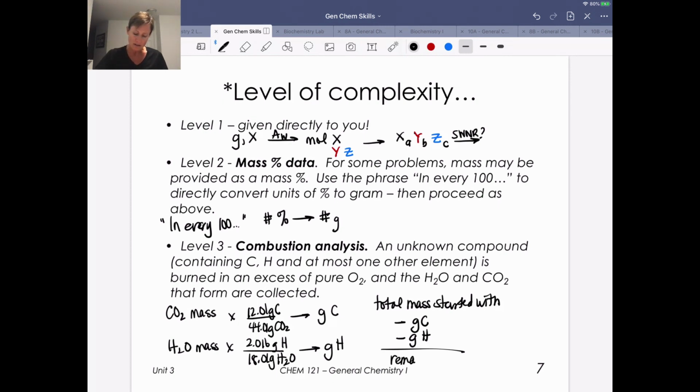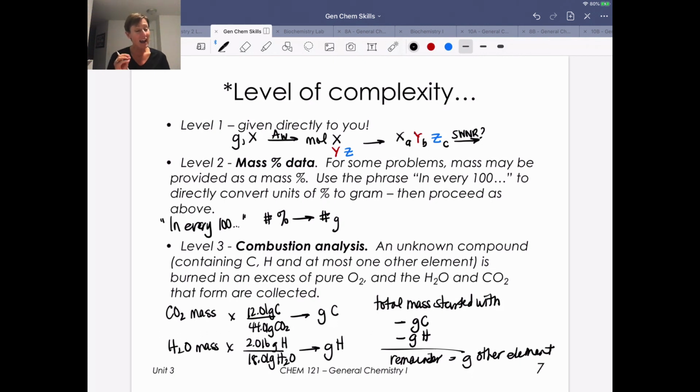So the remainder equals the grams of what other element we have as part of our compound. We can only do this kind of analysis if we have 3 elements in our compound. Carbon being one, hydrogen being one, and then something else being the other element.